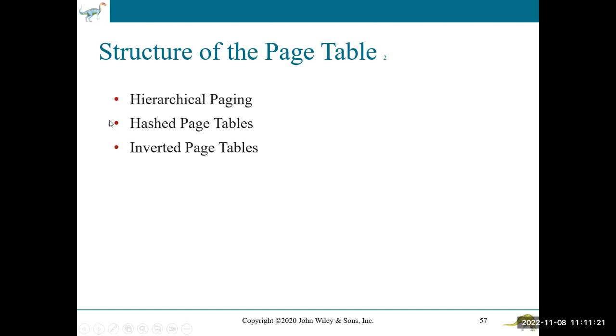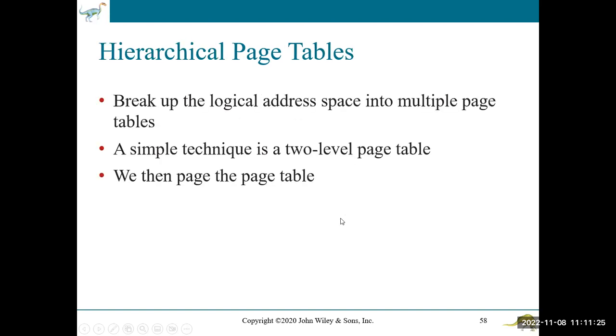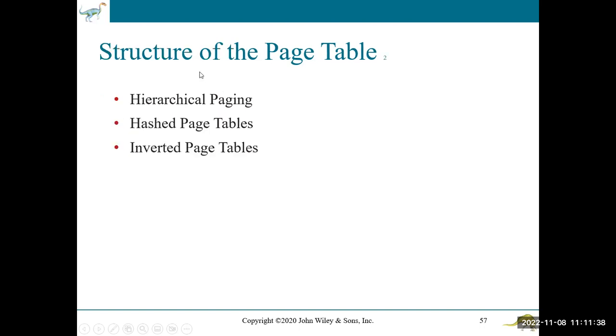page table hashing, inverted page tables. There's all sorts of techniques to work memory integrity methods, hierarchical page tables. Let's say that again. These are methods that help ensure the integrity of memory: hierarchical paging, hashed page tables, and inverted page tables.